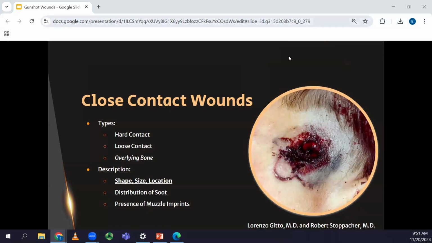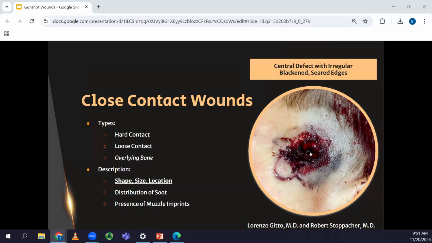So with this image, how would someone describe this? Anyone want to try? Okay, good. I think what you're seeing as punctate abrasions is actually specks of blood, but the image is not that great.